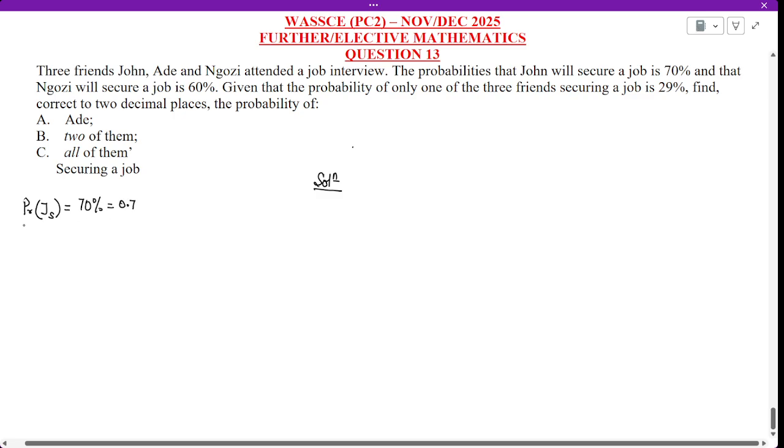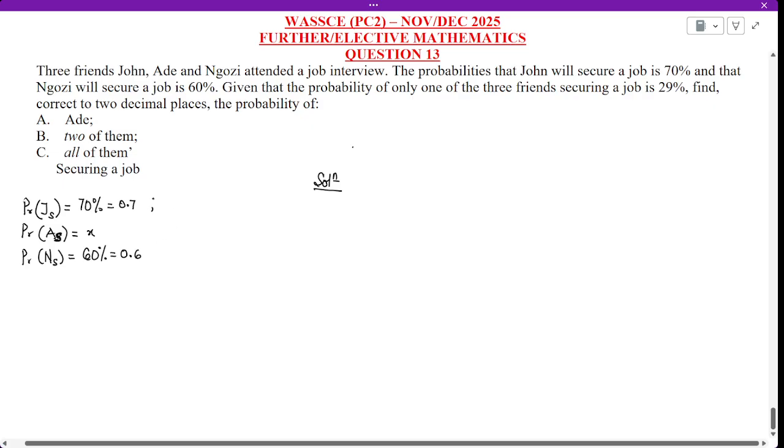Then the probability that Ade secures a job, with AS for secures a job, we don't know, so we represent that with a variable, let's say X. Then the probability that Ngozi secures a job is given as 60%, which can also be written as 0.6.